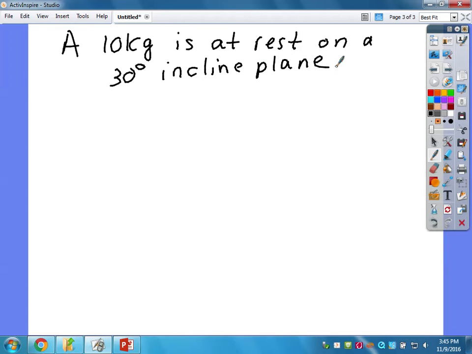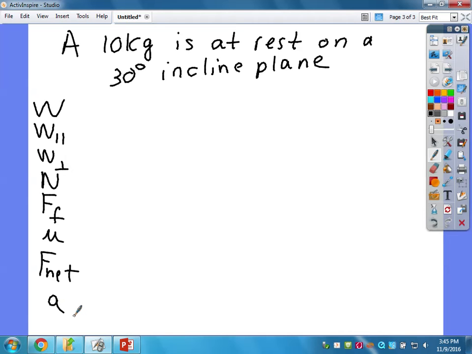Just like all the other problems we've done so far, basically I could tell you, I want you to solve all sorts of things. I want to know what the weight is. This time now I want to know what the parallel and the perpendicular weight are. I want to know what the normal is, the frictional force, the mu. I want to know what the net force is and what is a.